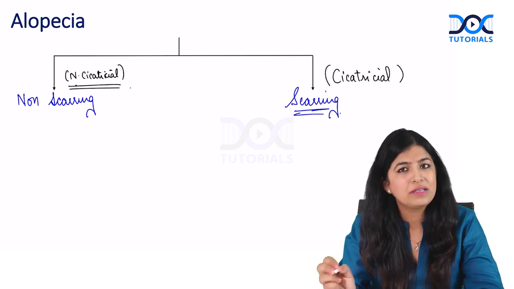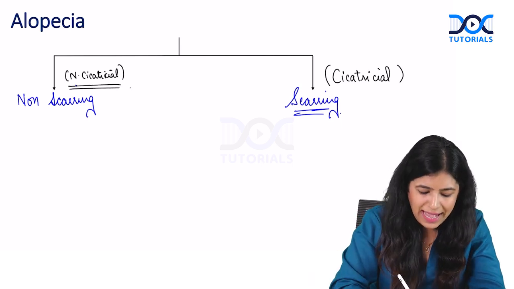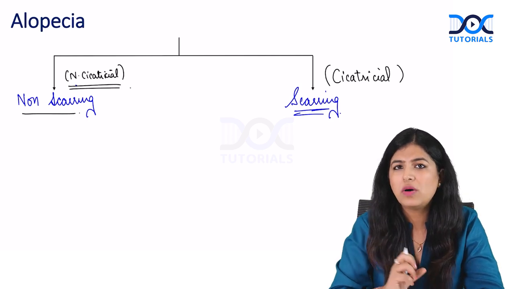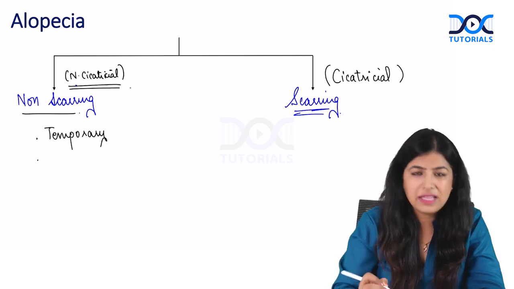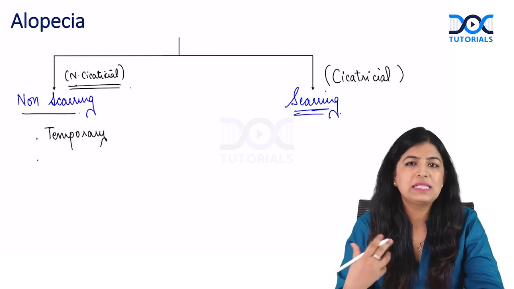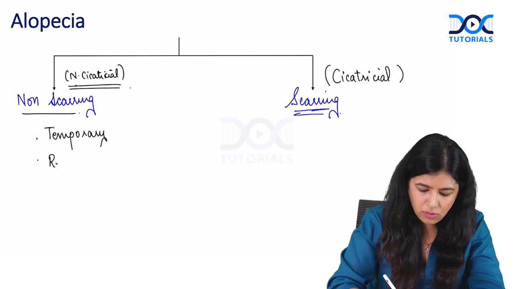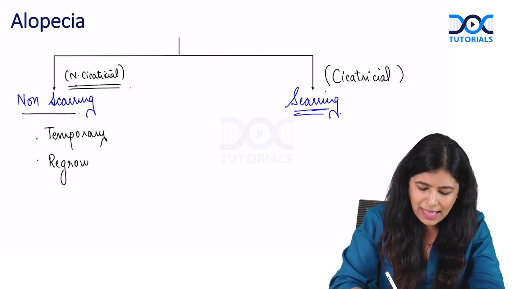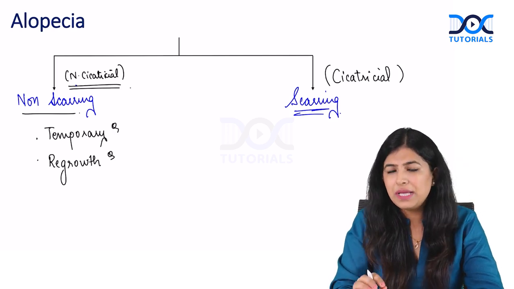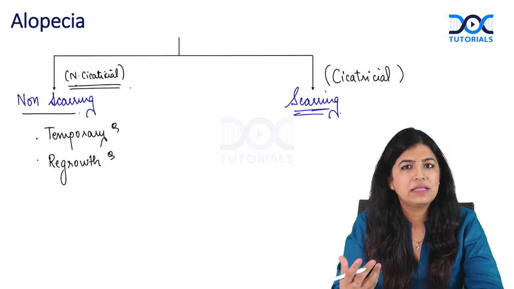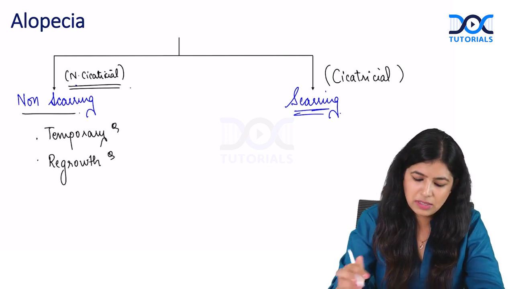Okay, now what are the differences between these two? As the word mentions, non-scarring, this is a temporary hair loss. There is no damage to the stem cells, and there is a potential of regrowth happening here. Okay, so non-scarring is a temporary hair loss. If treated, there will be a regrowth.